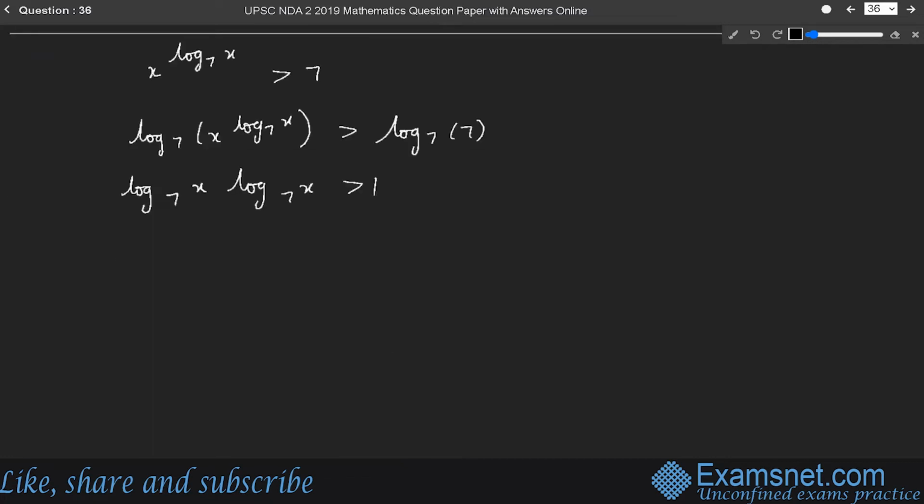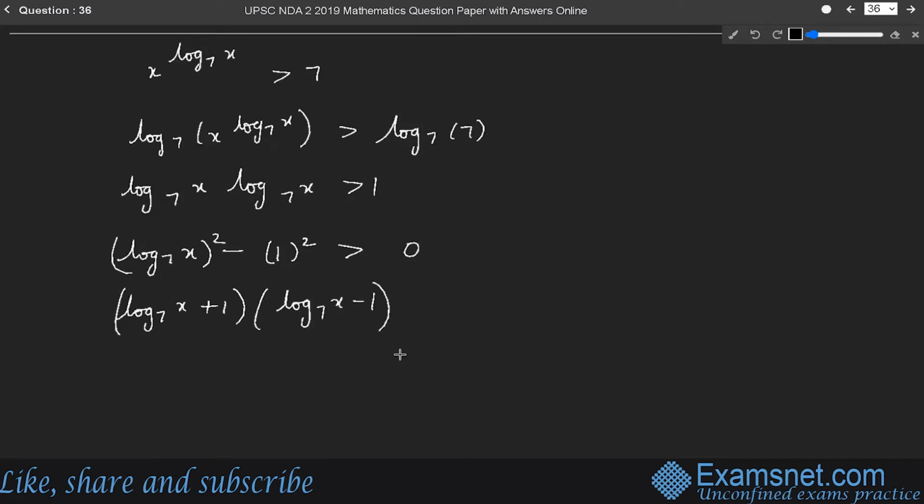So it can be also written as (log base 7 of x) square minus 1, where 1 can be written as 1 square, is greater than 0. Now applying the formula for a square minus b square, it will be (log base 7 of x plus 1) and (log base 7 of x minus 1), which is in the form a plus b and a minus b, and it is greater than 0.